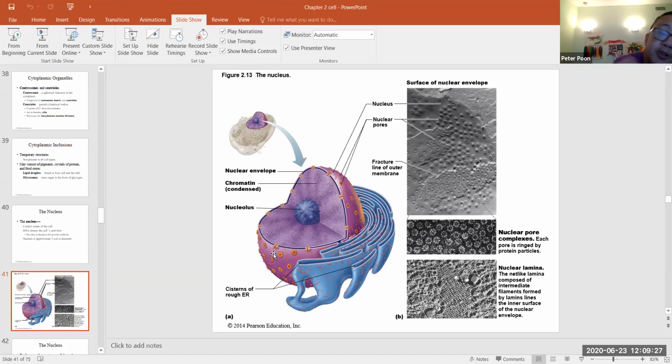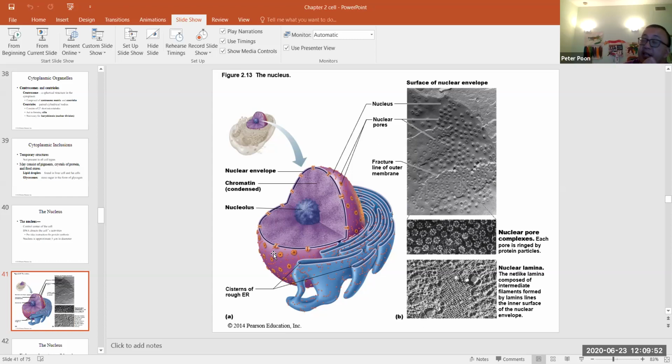To protect it more from the rest of the cell, the obvious thing is to wrap another membrane around it. This membrane is called the nuclear membrane or the nuclear envelope. It's somewhat similar to the plasma membrane, but tighter, so less can come in and out of it.